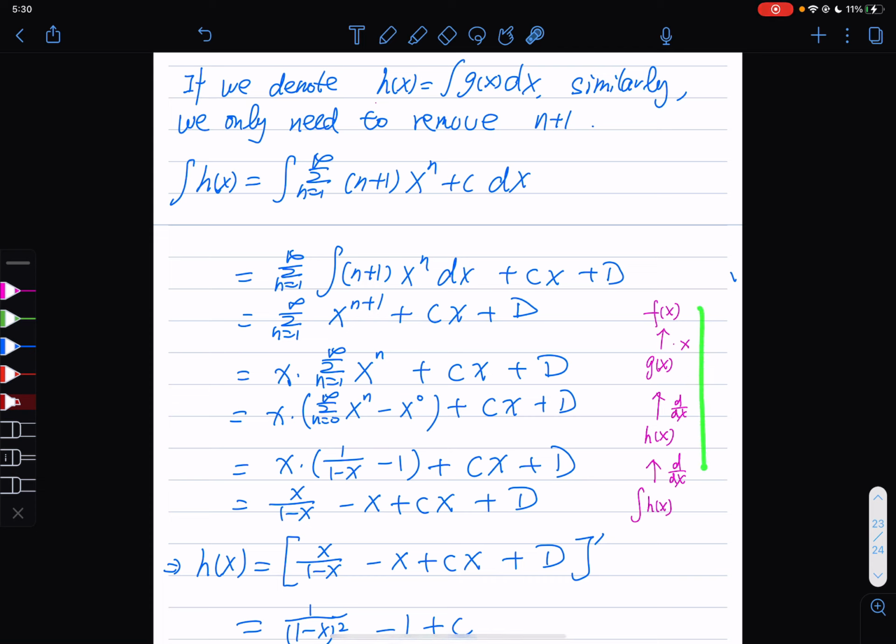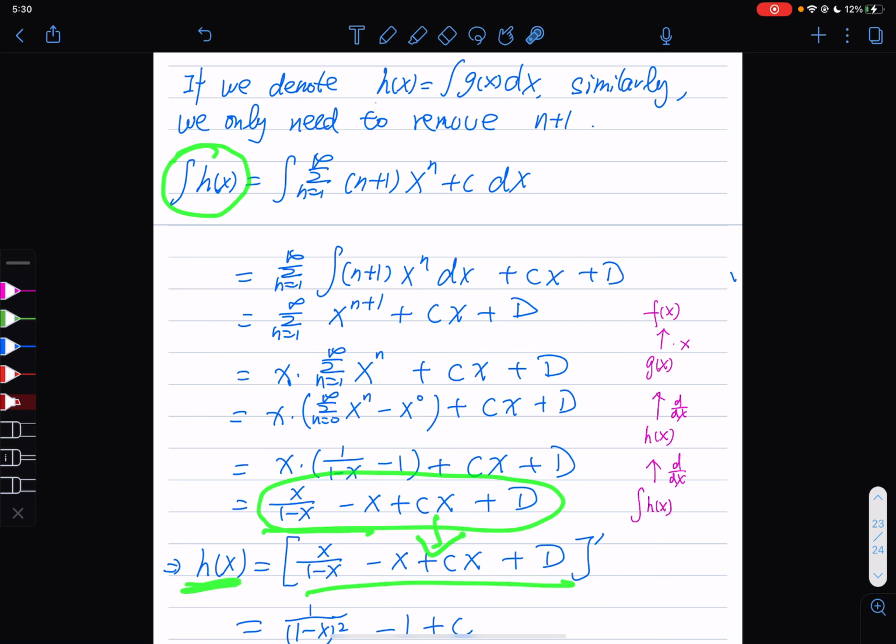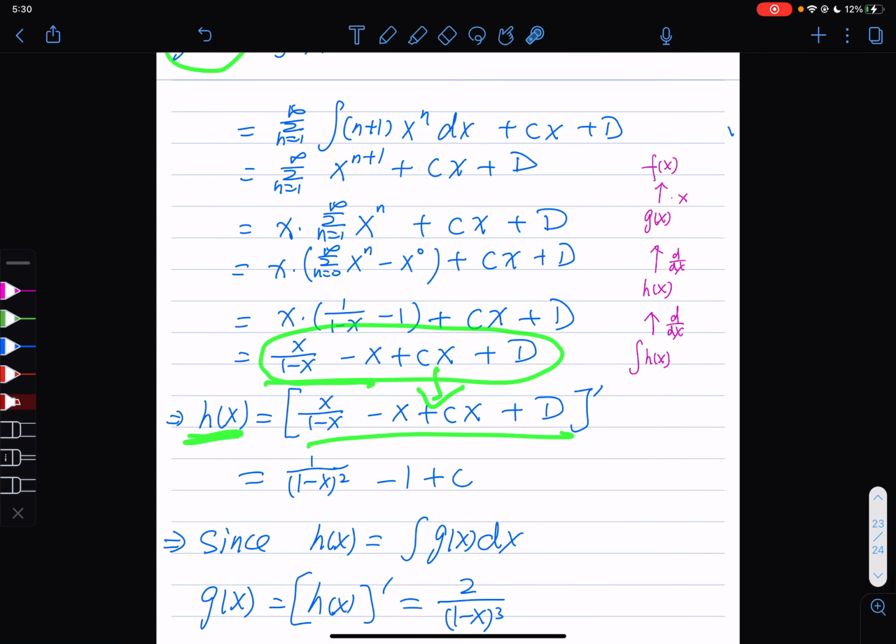I was going forward in this direction to make my function look simpler and simpler. But in order to reconstruct my question, I go backwards. So first of all, for the antiderivative of h of x, I take the derivative of this term so I can find h of x. So I find my h of x by taking the derivative of what I just wrote. And you can pause the video, do the calculation, and you end up with this.